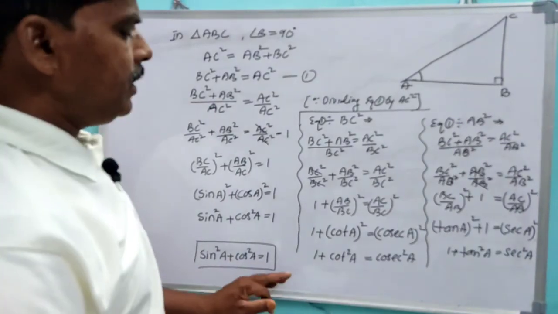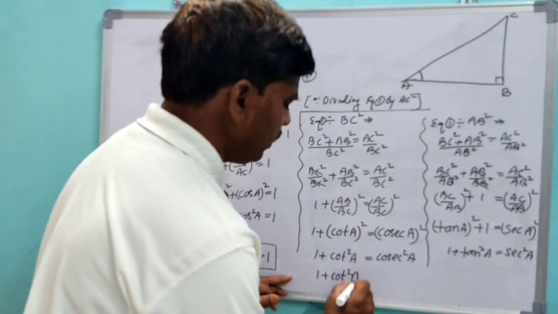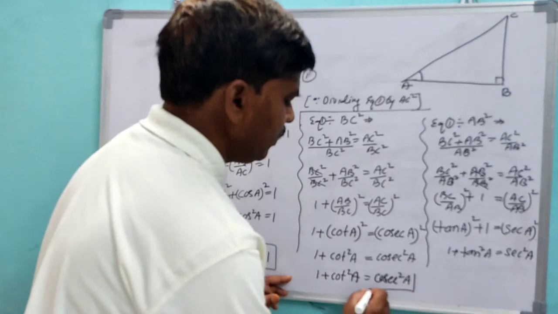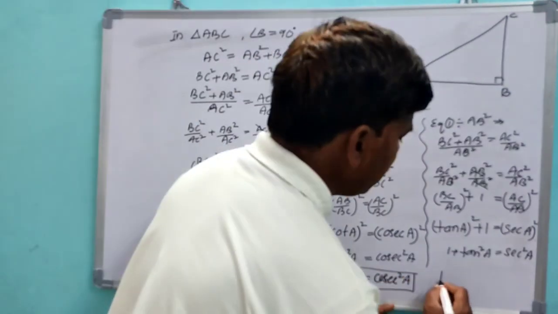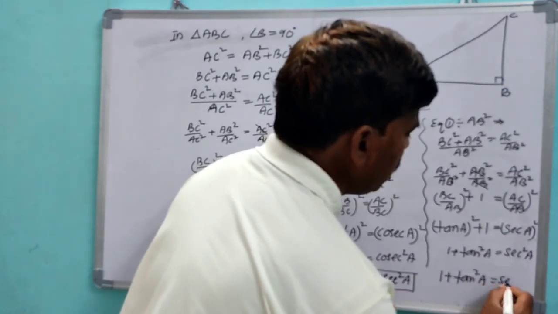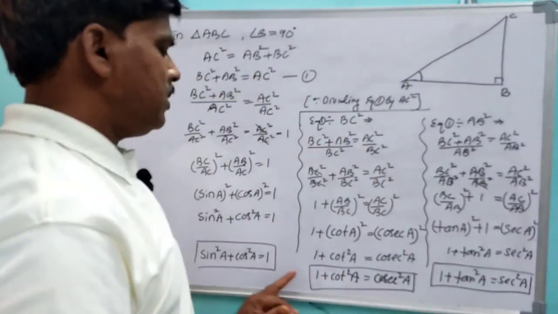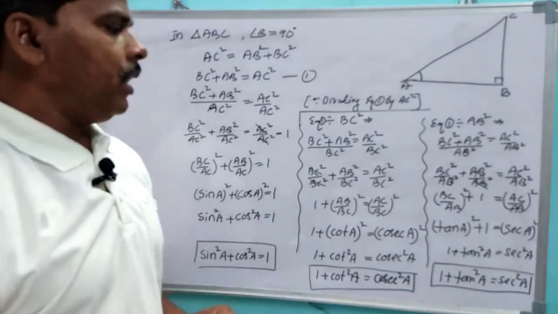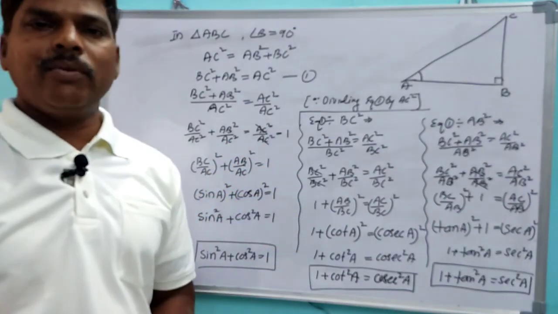And the second identity is 1 plus cot square A is equal to cosec square A. And the third identity is 1 plus tan square A is equal to sec square A. So these are the three identities which are very important for 10th class examinations, and in higher classes when you go for the mathematics stream, it is very helpful for higher studies also.